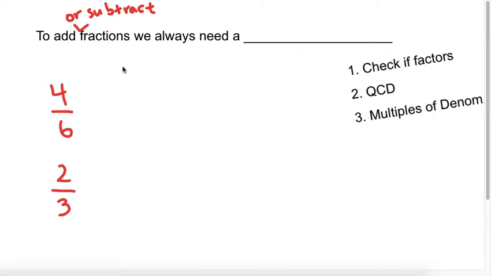Okay, so one other thing that we need to talk about, and we've talked about it in class a lot before, so again, this should be review. Hopefully this is nothing new to you, but that is a common denominator. Okay, and in order to add or subtract fractions, we always need a common denominator. I'm going to use blue now, just to switch things up.